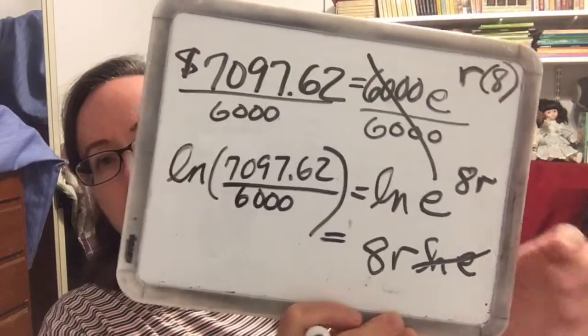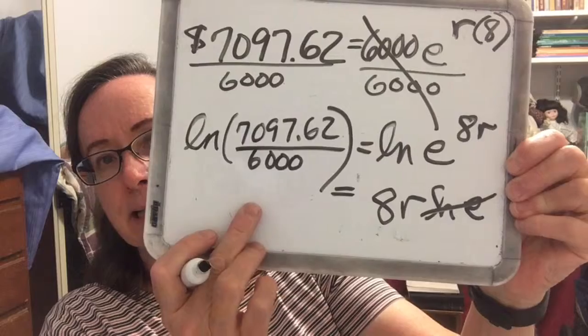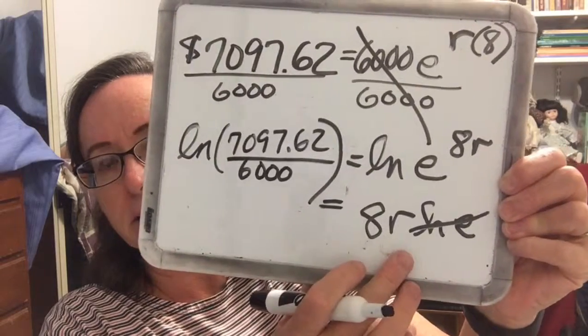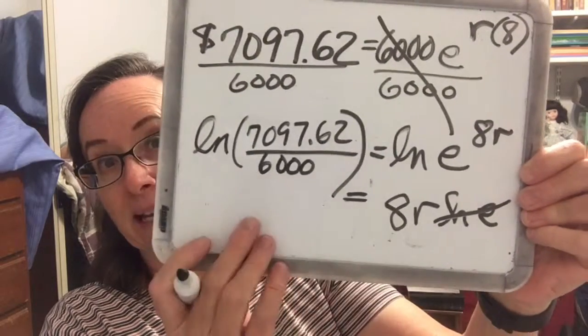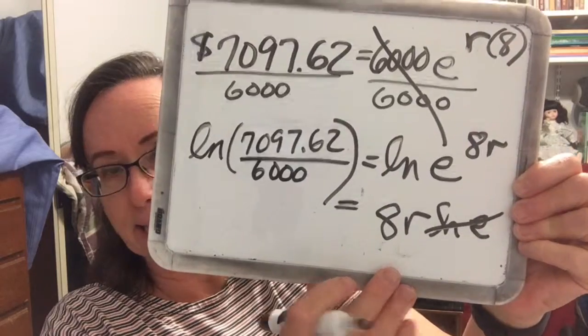So now we have the natural log of all of this is equal to 8r. So now we can just divide the left hand and the right hand side by 8, and we will have the exact value of the rate. So we're going to divide by 8 and 8.